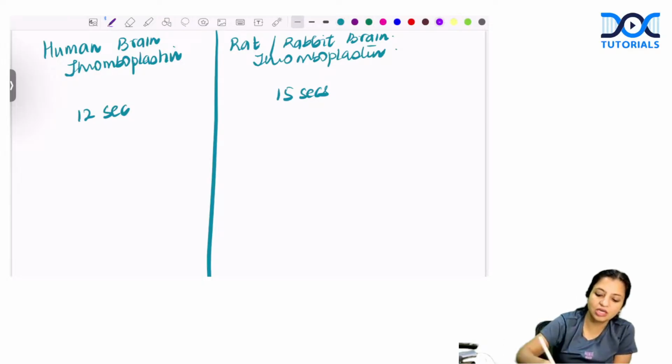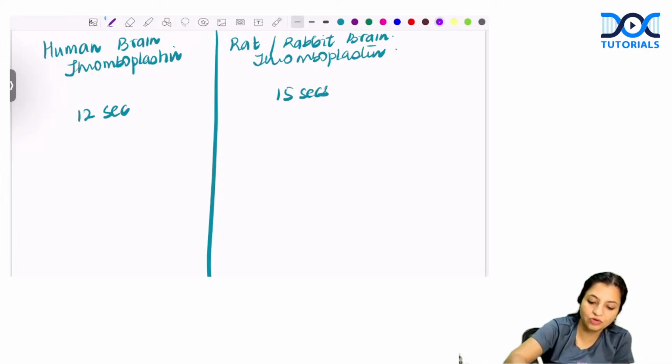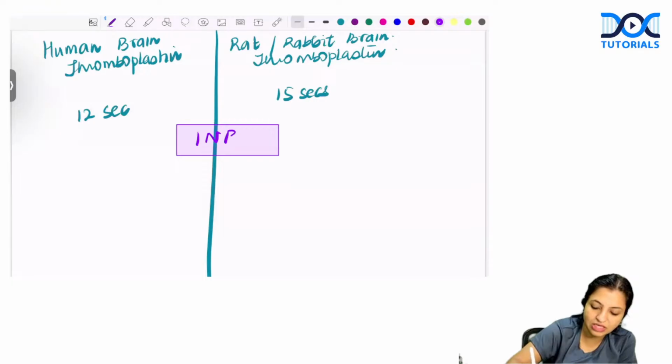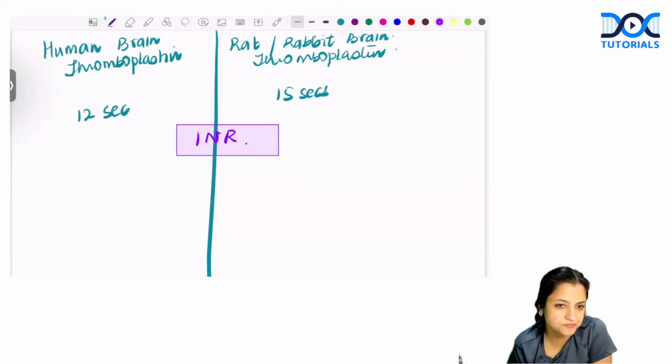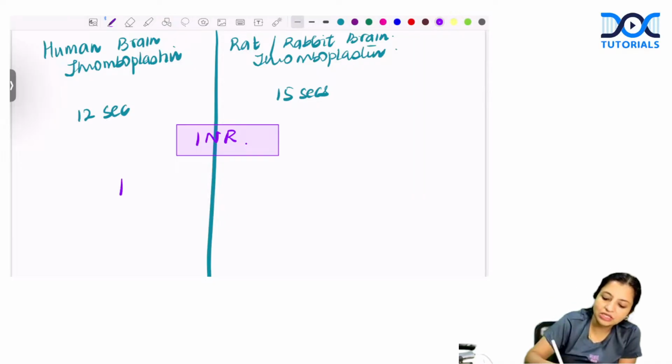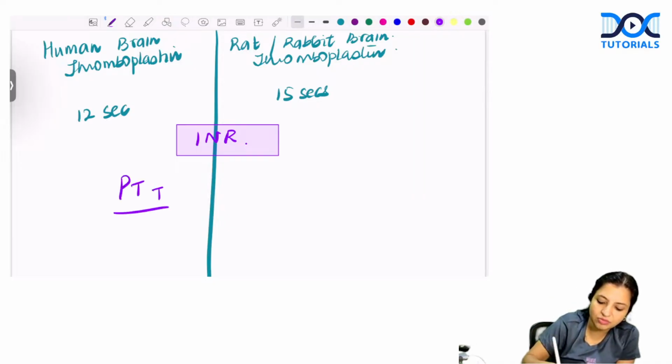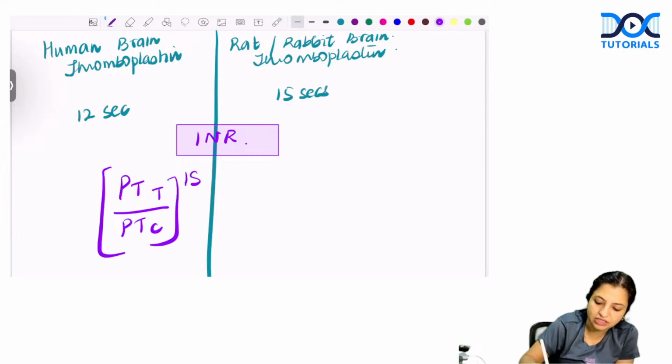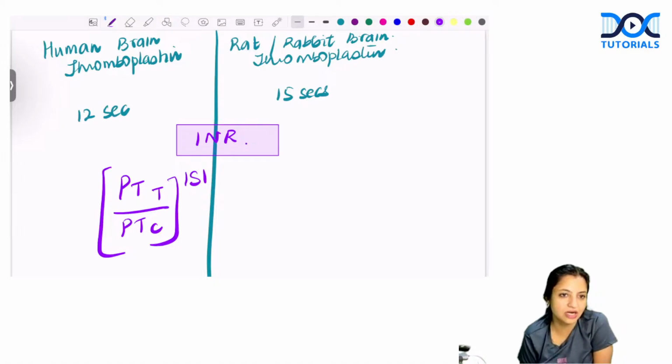So WHO came up with a ratio which came to be very popularly called INR. They said, let's report PT as INR, that is International Normalized Ratio. Let's take PT of the test by PT of the control and raise it to the power of ISI, the International Standardized Index.